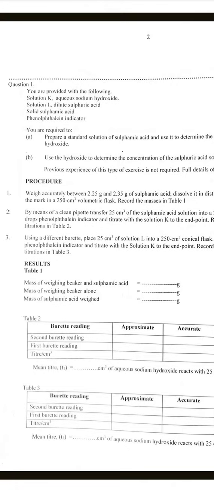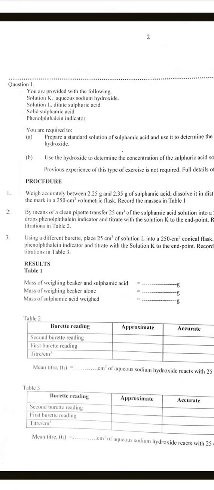The first burette reading is 0.0. The volume you're recording in your table is the volume of the sodium hydroxide that has been used. The burette measures to just one decimal place, so it is 0.0.